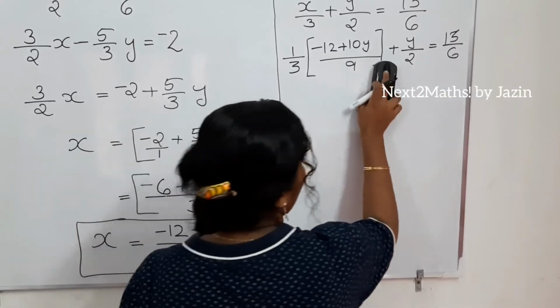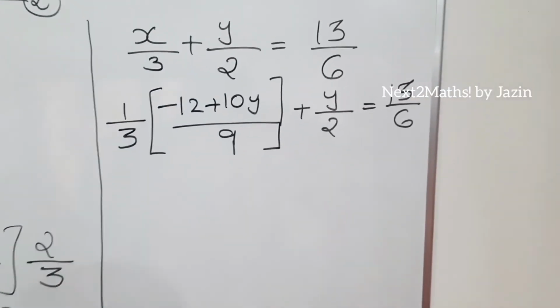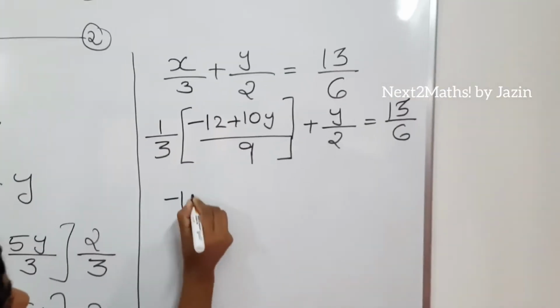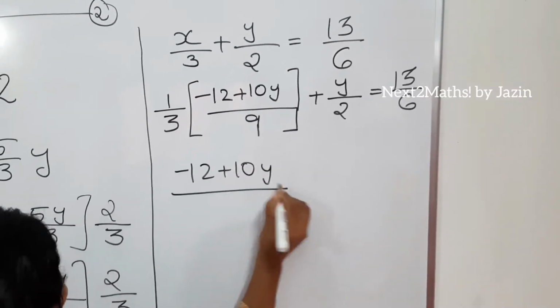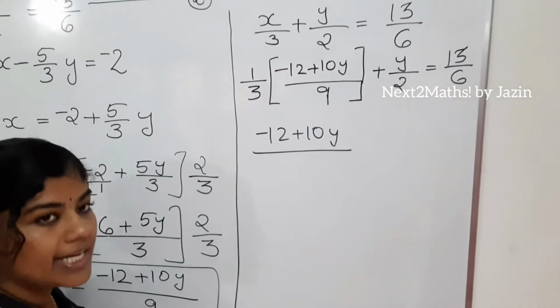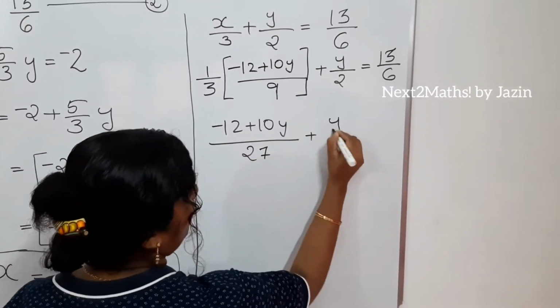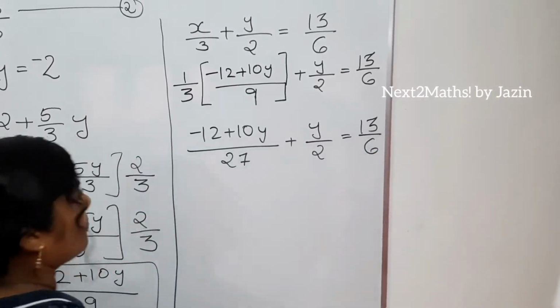Okay. Now, next step. What is the next step? 1 multiplied with the numerator will be the same: minus 12 plus 10y, there is no change, divided by 3 nines, 3 nines are 27, plus y by 2 equals 13 by 6.